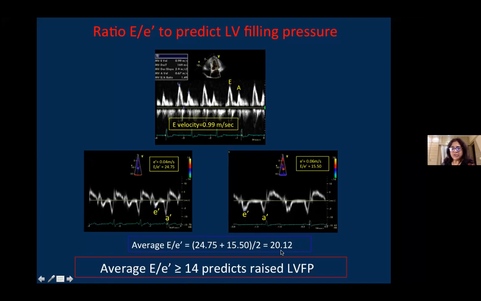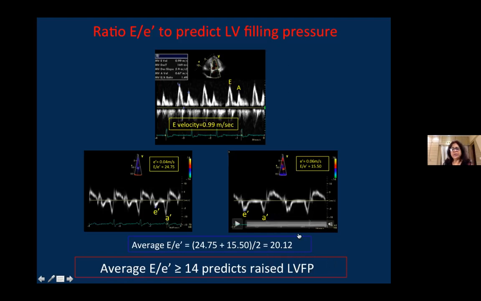So how much is the value? If we take the average of E by E prime, it is coming out to be 20.12. And as per the latest ASE recommendation, average E by E prime more than 14 predicts raised LV filling pressure, or the raised left atrial pressure.